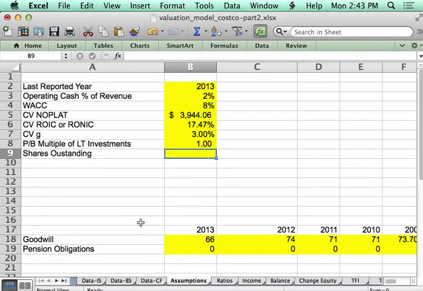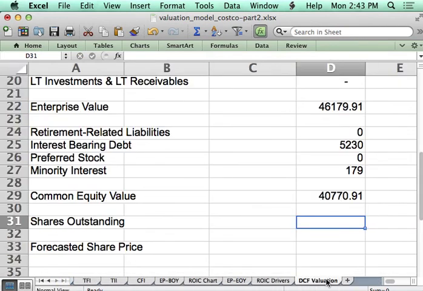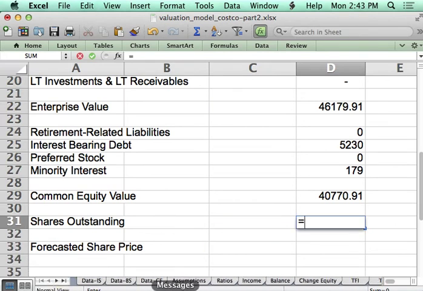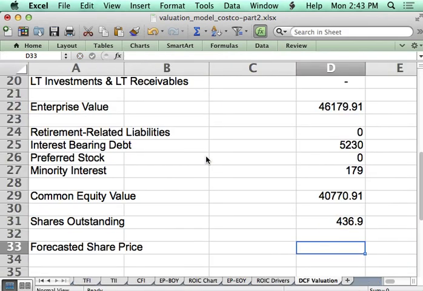So back to Excel, 436.9. So back to my DCF valuation, I refer to that cell. Forecasted share price equals common equity value divided by shares outstanding.